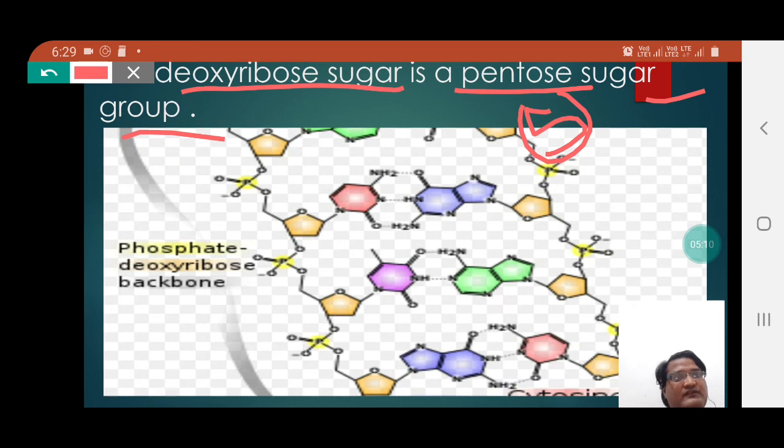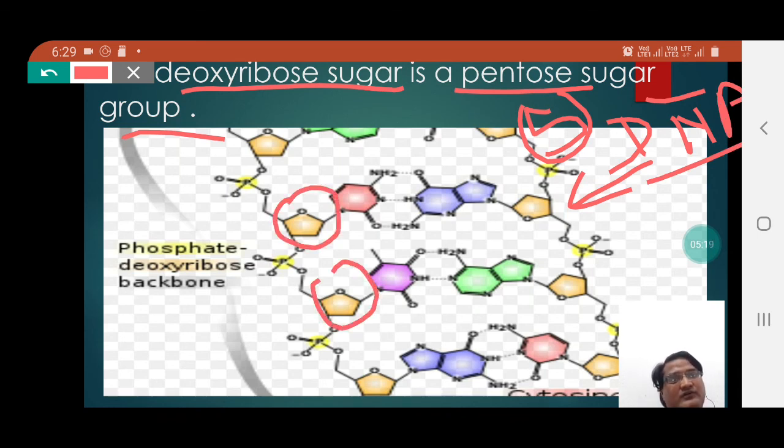Now students, in this diagram of DNA, we can clearly notice the deoxyribose sugar, which is made up of 5 carbon atoms, and that is why it is called pentose sugar.